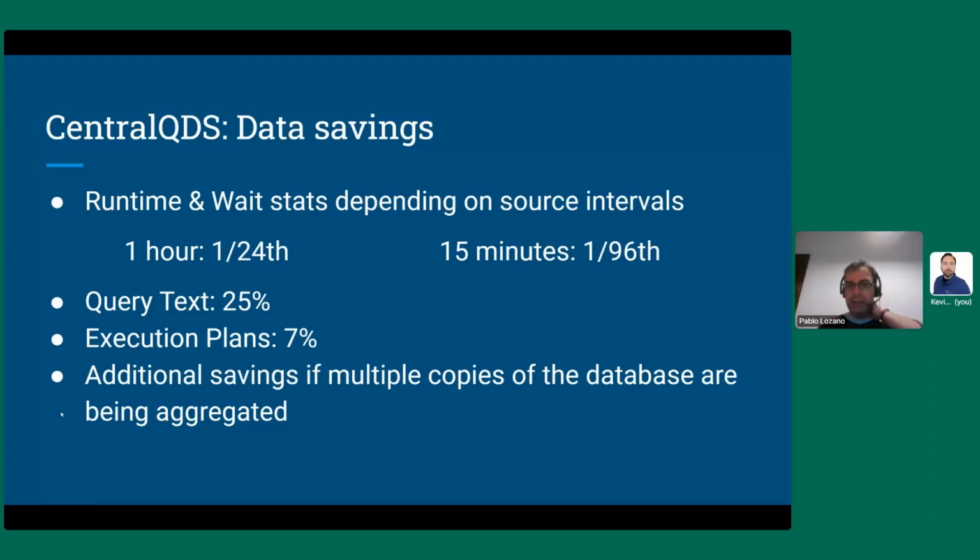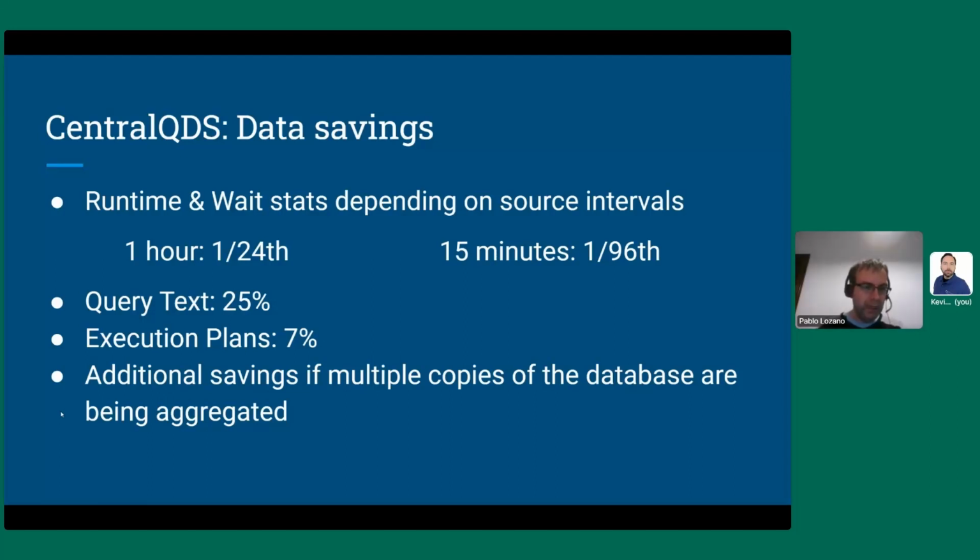Since I'm aggregating data at the day level, if you're using hour intervals, it will only take 1/24 of the space roughly, because this depends on how many rows are in each interval, or the amount of activity or different queries. And if you use 15 minute intervals, it will get you almost only 1% of the usage you normally consume.